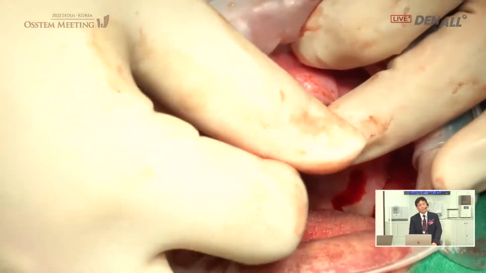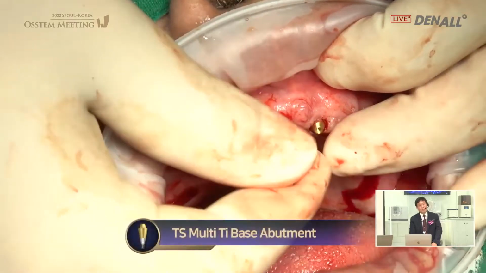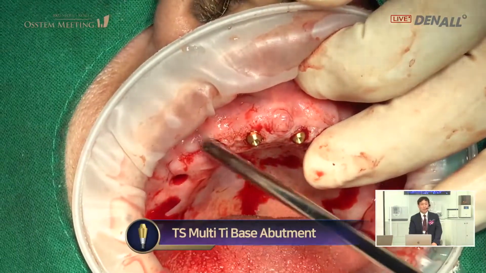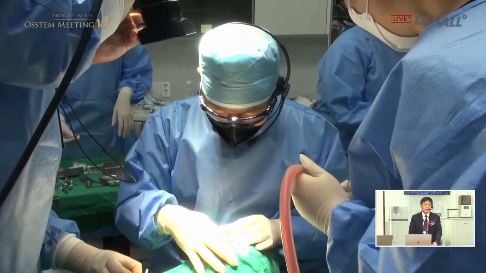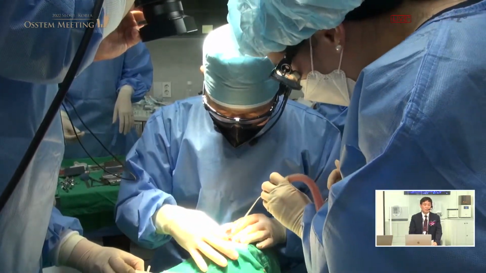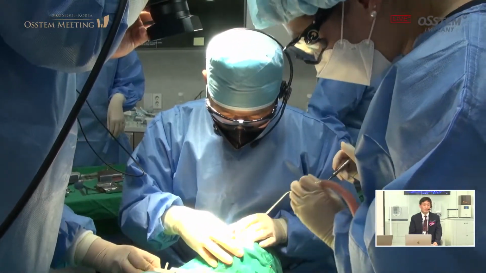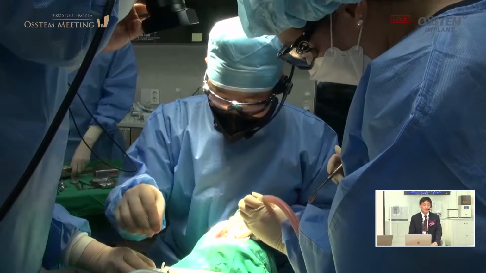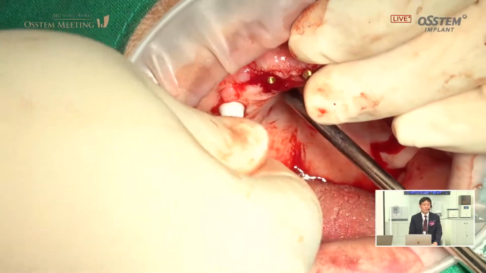Can you remove it, please? Multi-unit abutment is being used. The multi-abutment, there's a product with a white handle and one without. Preferably when you connect it, for convenience, use the one with a white handle.